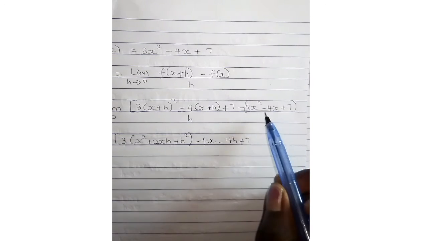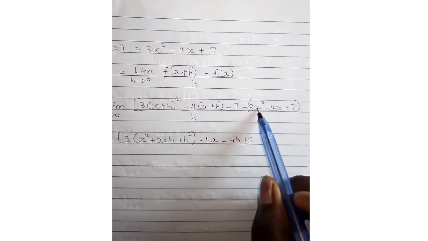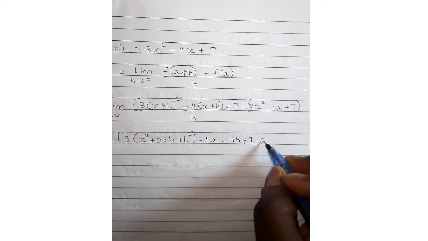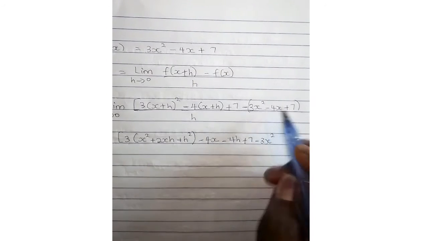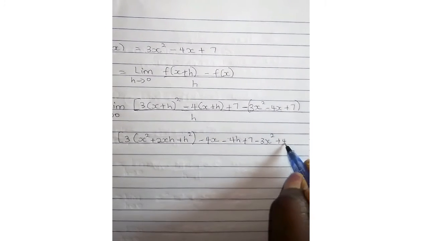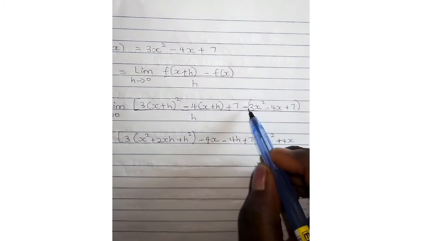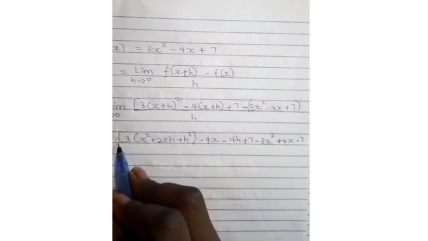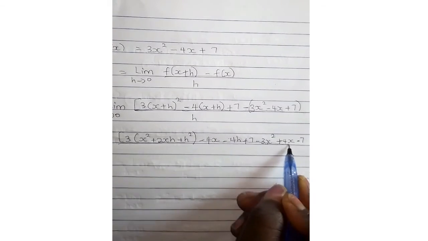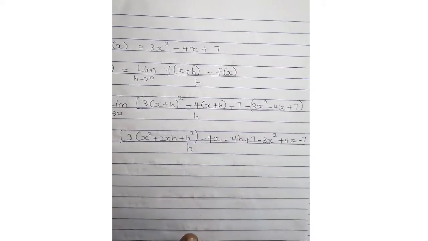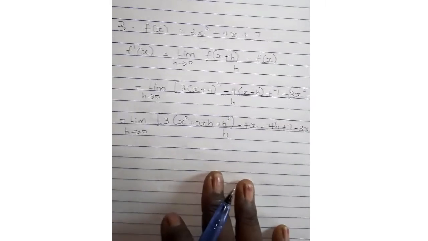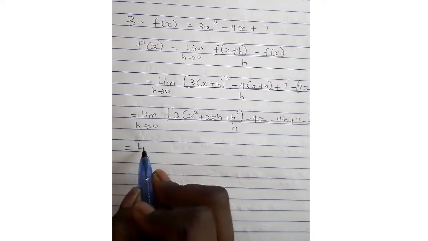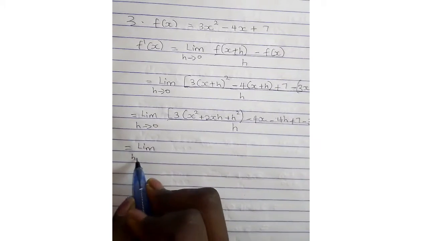So opening this bracket, we're going to have minus times 3x squared, so we're going to have minus 3x squared, minus times minus, which is plus 4x, minus times this is minus, so we have minus 7 all over h.